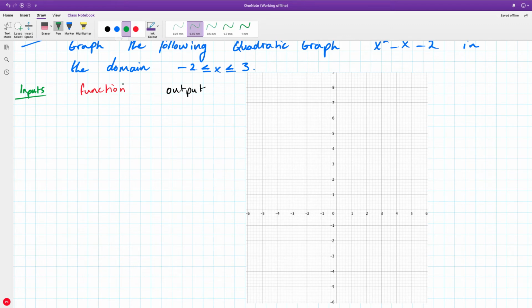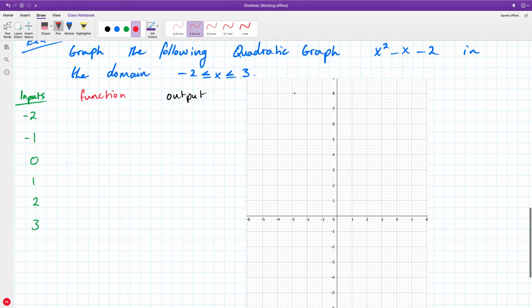Our inputs are minus 2, minus 1, 0, 1, 2, and 3. Our function is x squared minus x minus 2. So that is minus 2 to be squared, minus minus 2, and then minus 2.